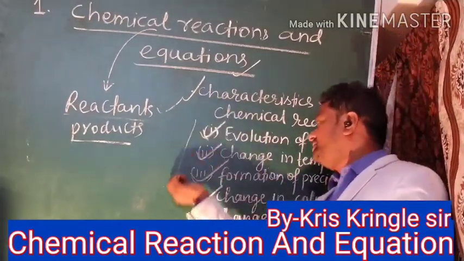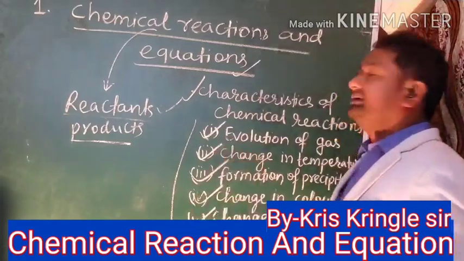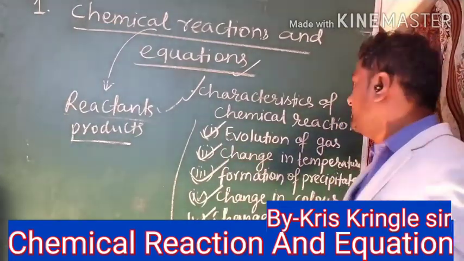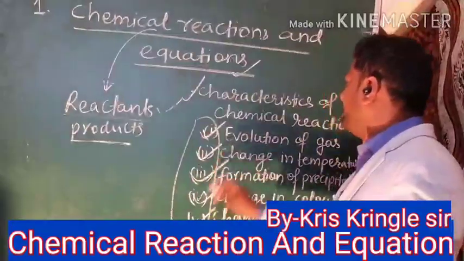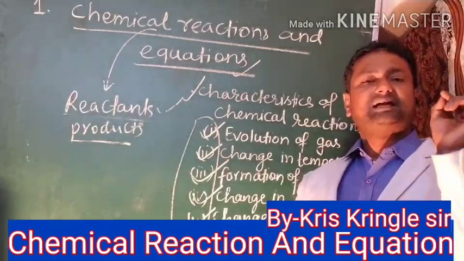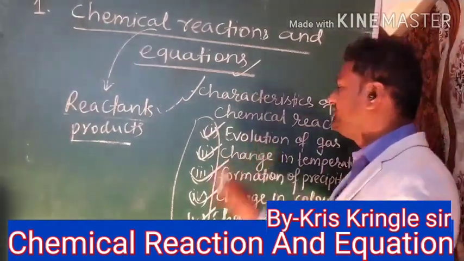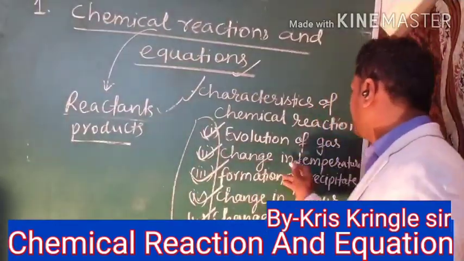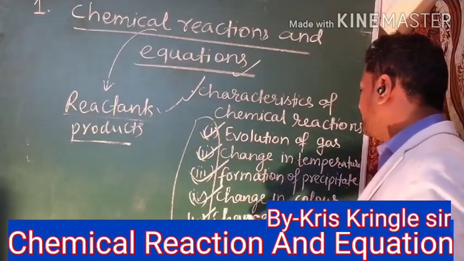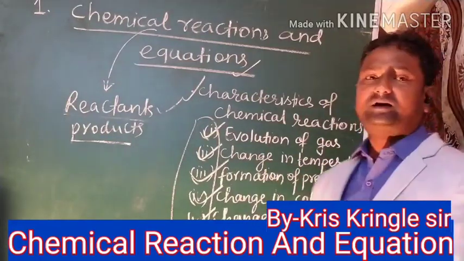So, to determine whether the change is a chemical reaction or not, you can observe these things. The first one is evolution of gas. The second one is change in temperature, then formation of precipitate, change in color, and change in state of the matter.